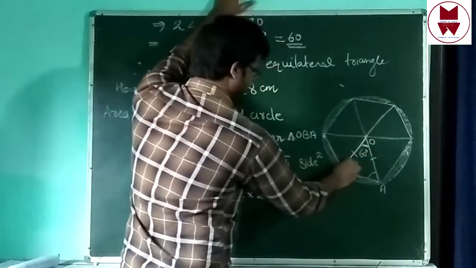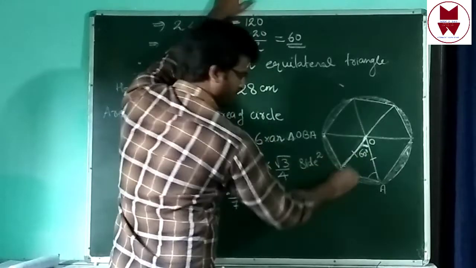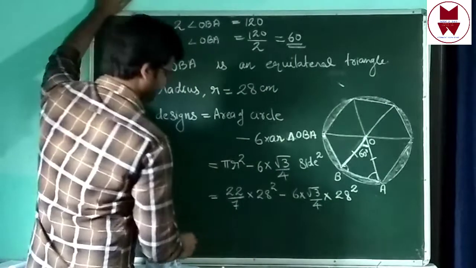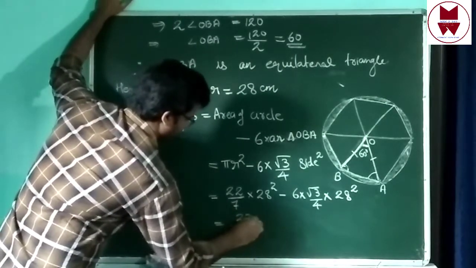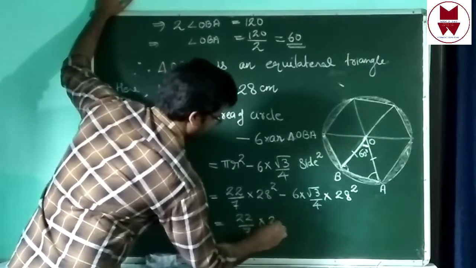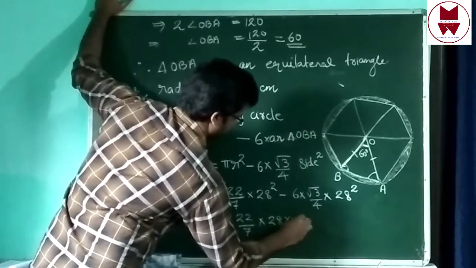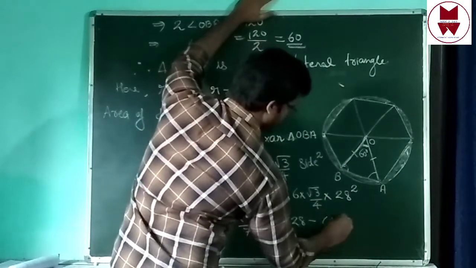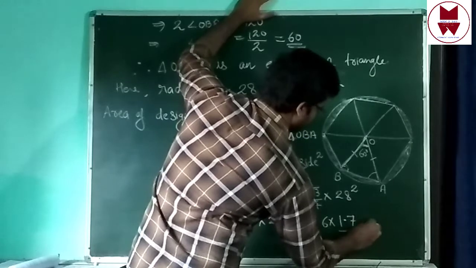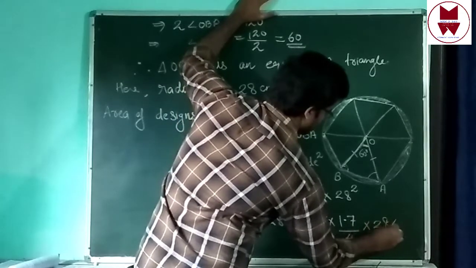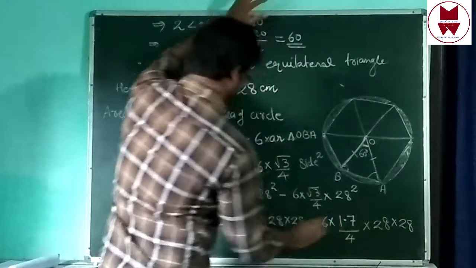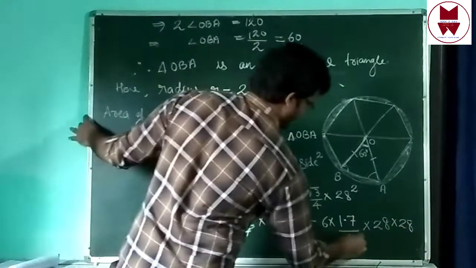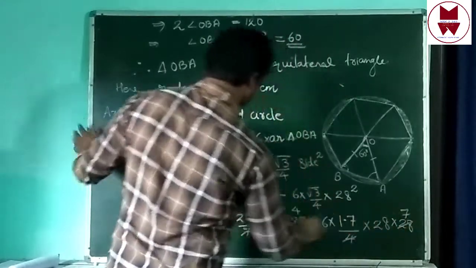One side and radius are equal, that's why we can write side also 28 square. 22 by 7 into 28 into 28, then 7 and 28 cancel 4 times, then 4 and 28 cancel 7 times.